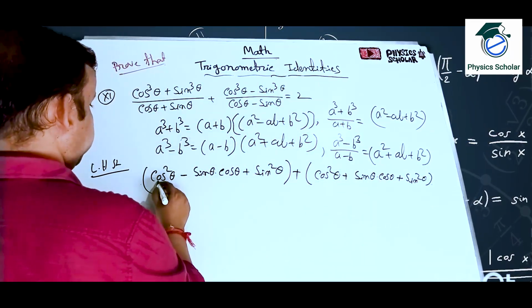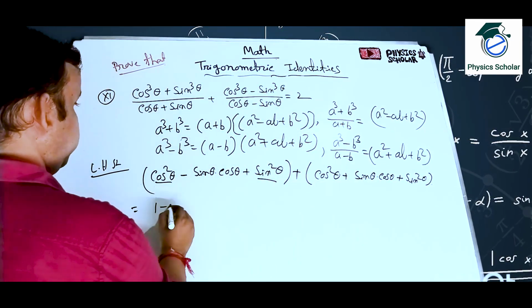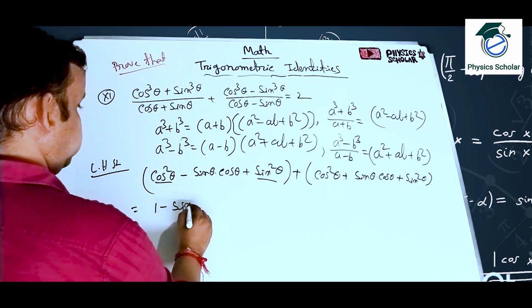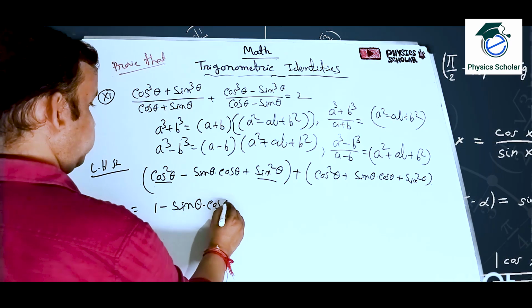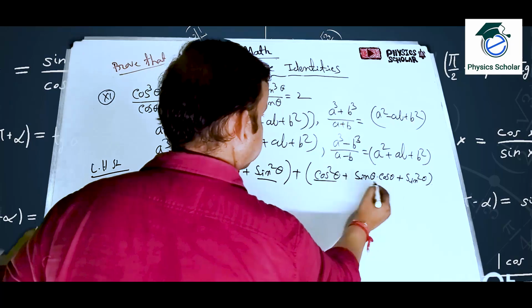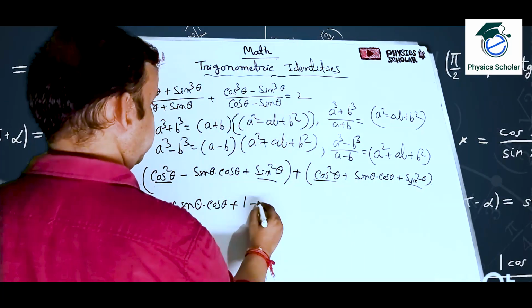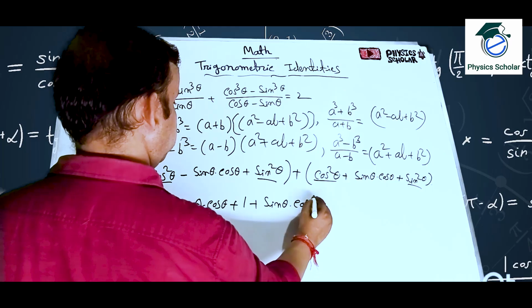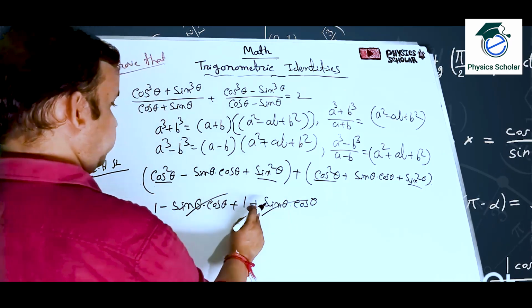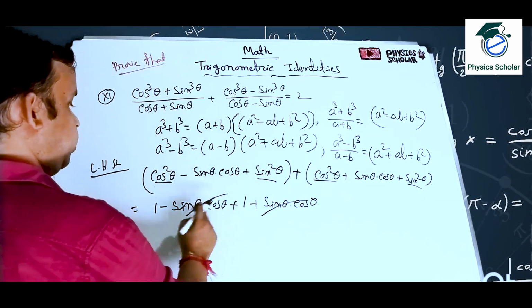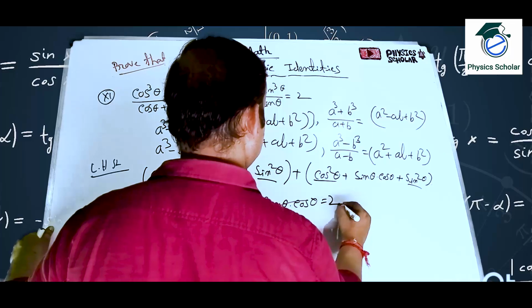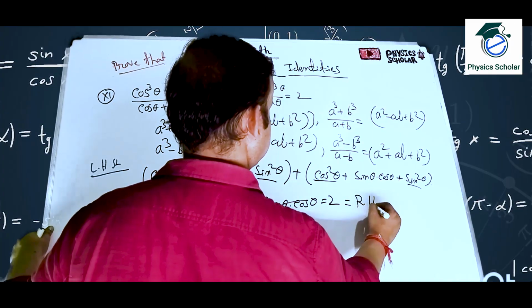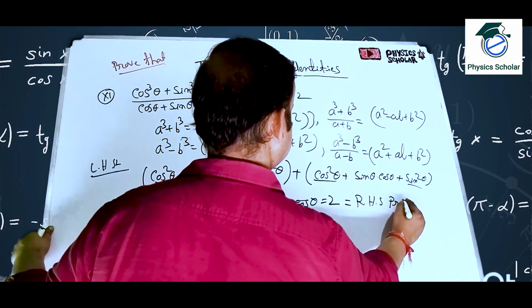So sin²θ plus cos²θ means 1, minus sin θ cos θ. Plus here also sin²θ plus cos²θ means 1, plus sin θ cos θ. So this will be cancelled, minus sin θ cos θ plus sin θ cos θ. So 1 plus 1 means 2, which is equal to RHS.